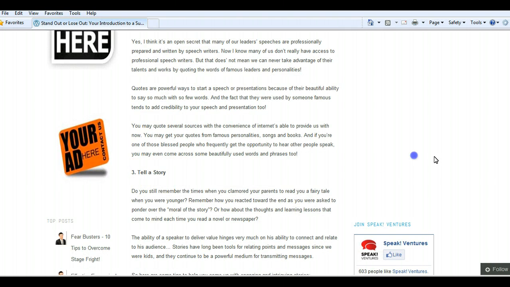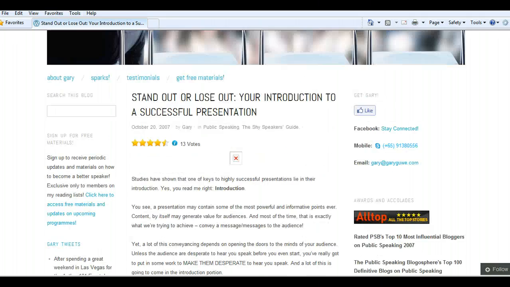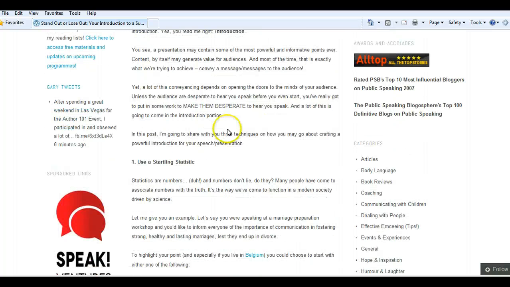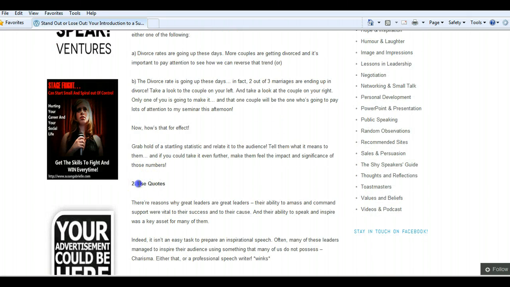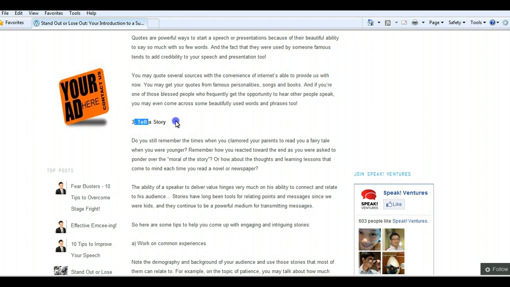So those are the three components of a good introduction to a presentation. That's part of the Class Connect write-up question. So good, again, introduction to a presentation, use a startling statistic, use quotes, and tell a story. So those are three good components of a good presentation.